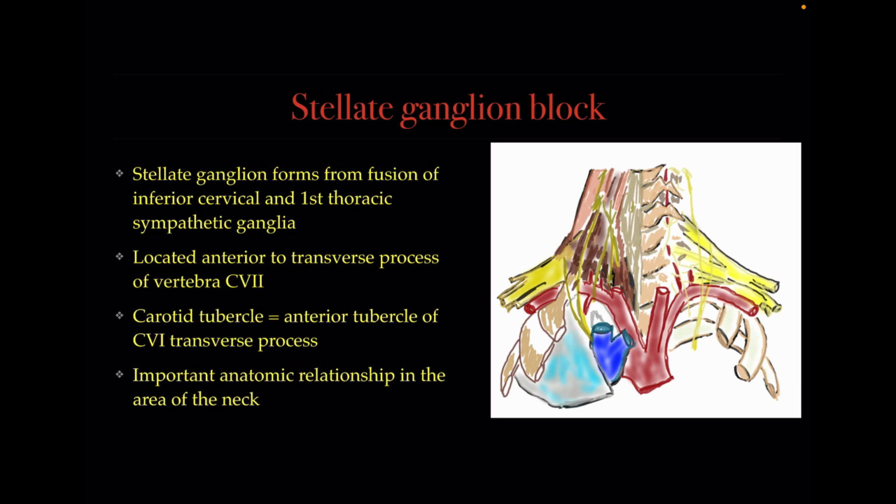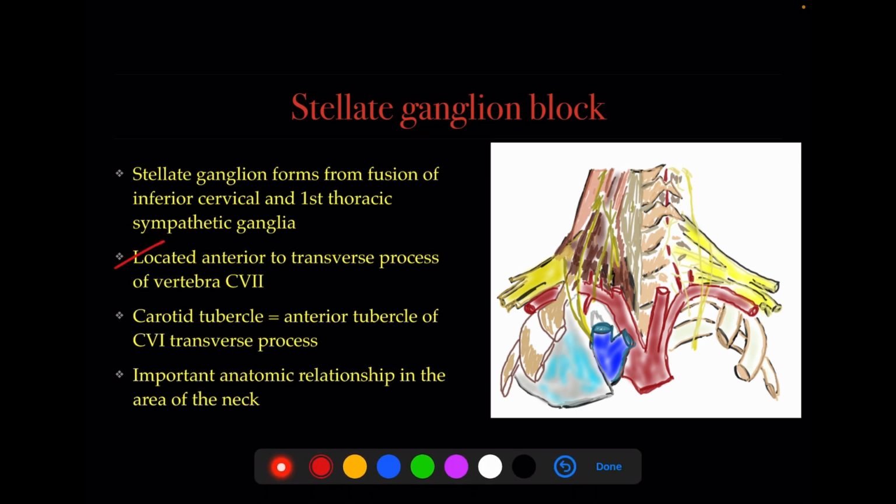Now we have to know about the anatomical location of the ciliate ganglion. It is located anterior to the transverse process of cervical vertebra number 7. And the carotid tubercle is located on the anterior tubercle of cervical vertebra number 6.